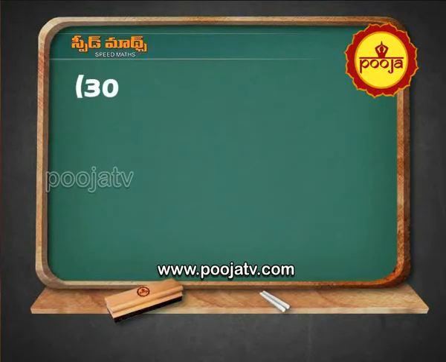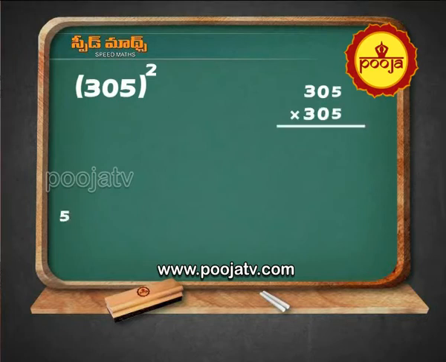305 square equals 305 into 305. 5 into 5 equals 25, 25 here. 5 into 3 equals 15, 15 here.